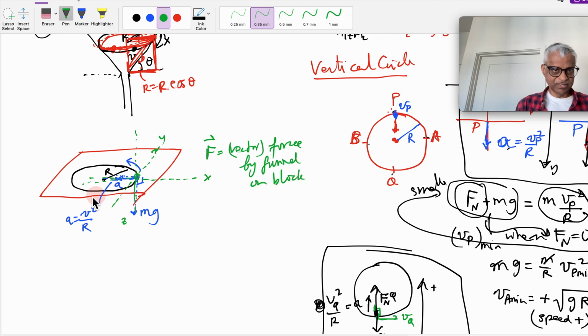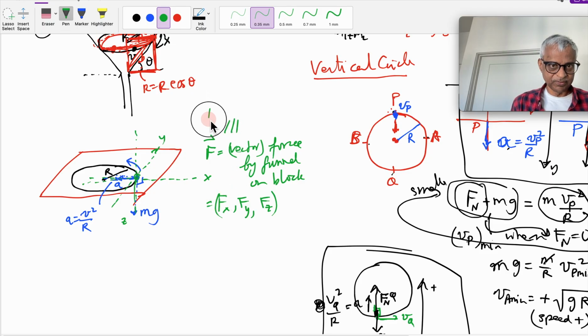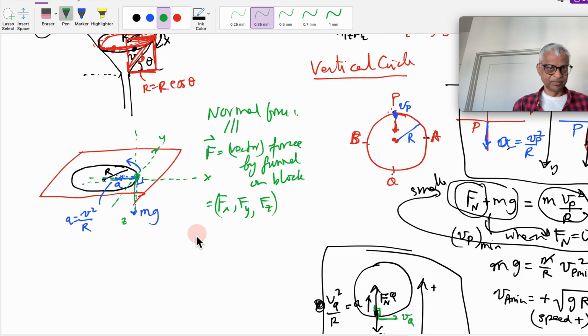We don't know what it's going to be, so this will have fx, fy, fz, and we need to figure all of them out. So this is the normal force. We have no friction, so that's the normal force.